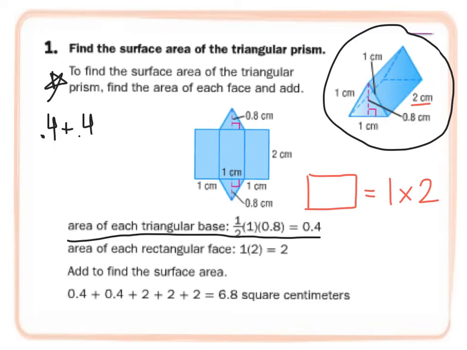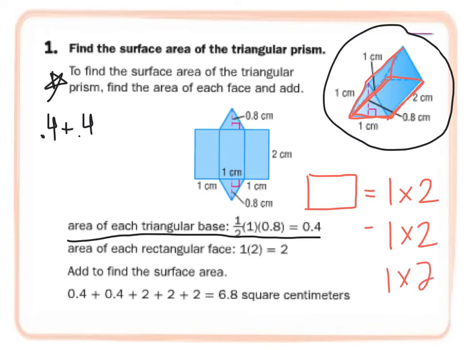Now I need to do the other two, and I'm just going to look at them. This bottom one is also 1 times 2, so I have another one that's 1 times 2. And then I have this side one over here, and that one's 1 times 2 as well.